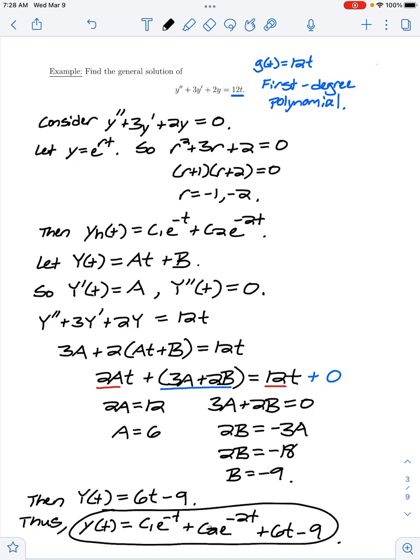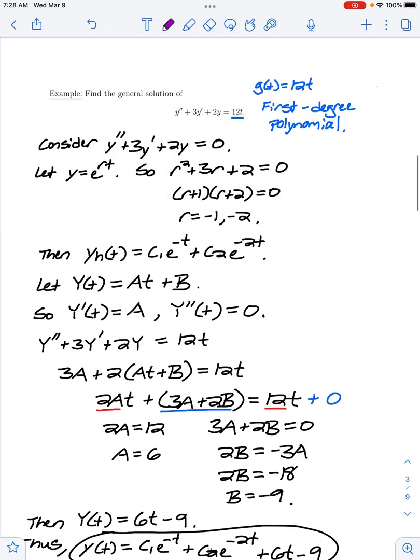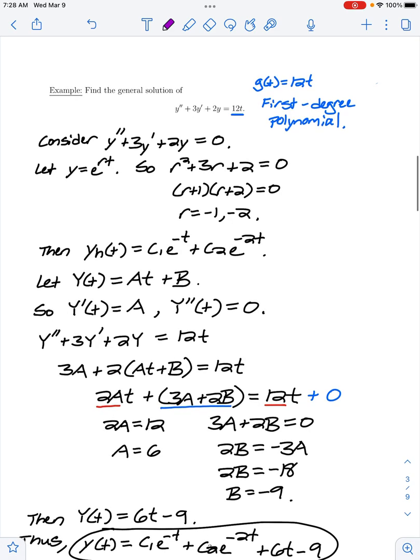Now let's say that we changed this slightly. So a little scratch work here. Let's say that we had made g of t, the function on the right-hand side, 12t squared instead of just 12t. So here we would have a quadratic or a second-degree polynomial.